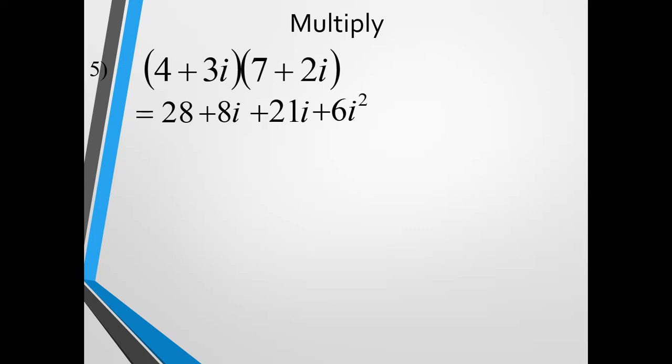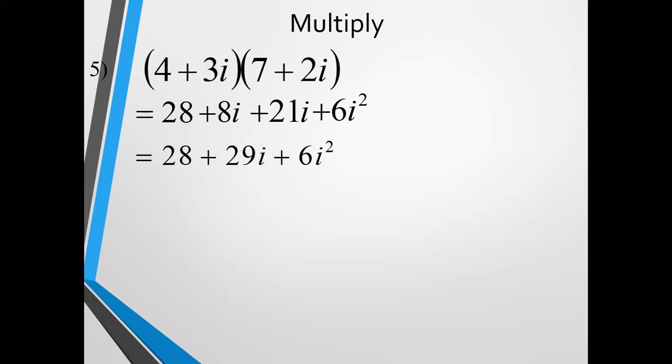So what are you going to add? 28 plus, there's nothing to add 28 to, so you write 28. And you had 8i plus 21i. When you add 8i plus 21i, what does it give you? It gives you 29i. And when we want to express our 6i squared, our i squared is -1.